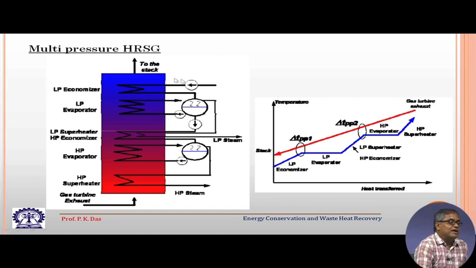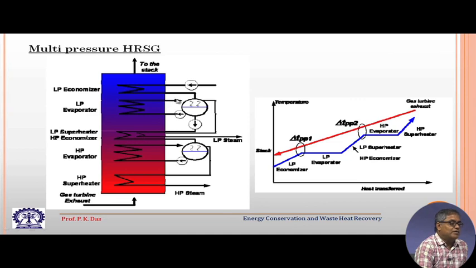Here what we can see, this is the lowest temperature before it goes to the stack. So, here water should enter for the low pressure side. So, low pressure economizer, it should go to the steam drum, and in this steam drum there will be some sort of a circulation. So, this shows symbolically the pump. So, this is a forced circulation system.